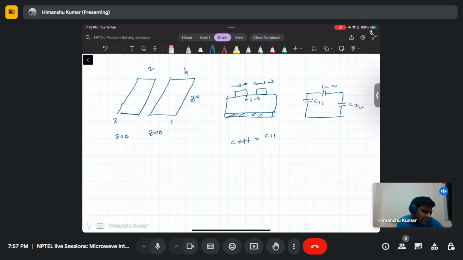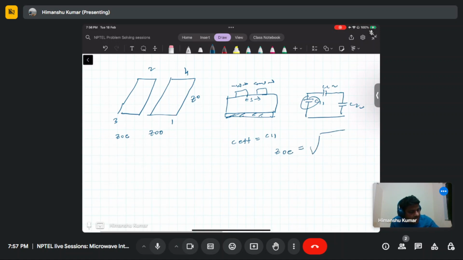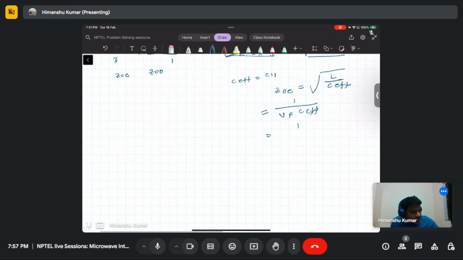So your effective line capacitance becomes C11, and Z even becomes the square root of L by C effective, which you can write as 1 by Vp times C11.